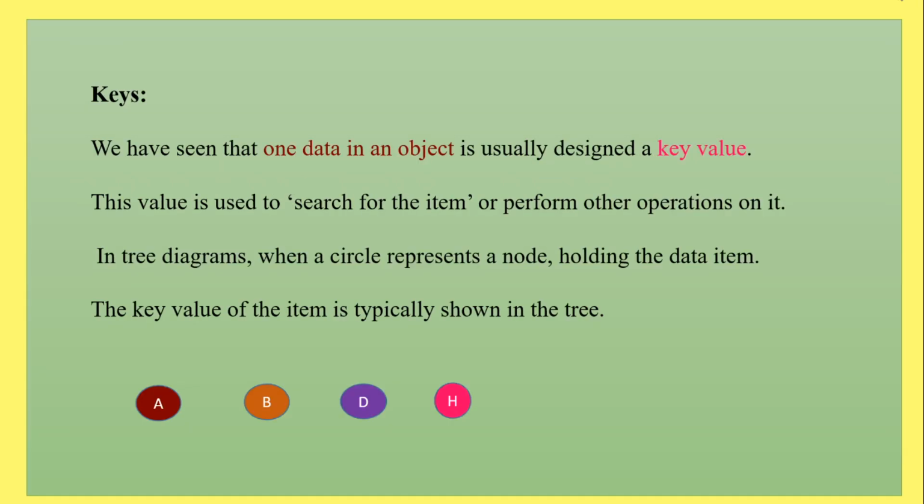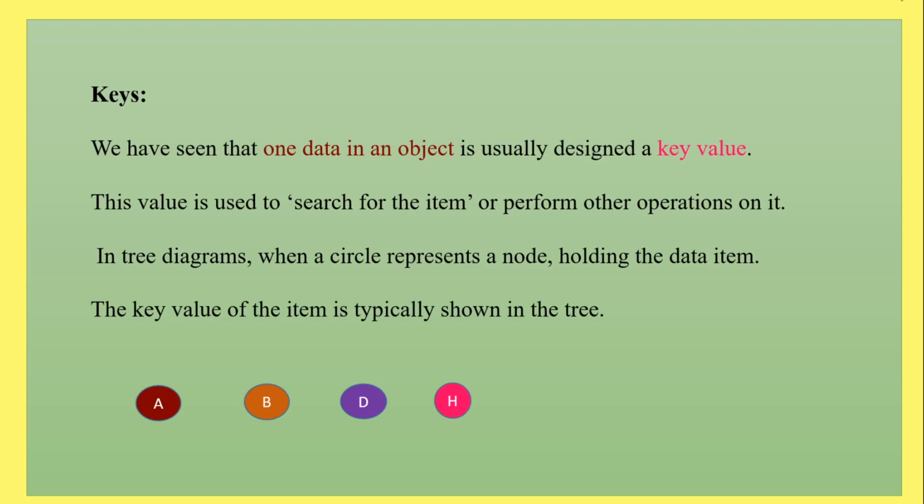Keys. We have seen that one data field in an object is usually called a key value. If you observe the node, the value that is placed in that node is considered the key value. Why do we use this value?